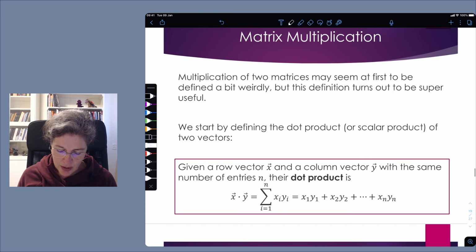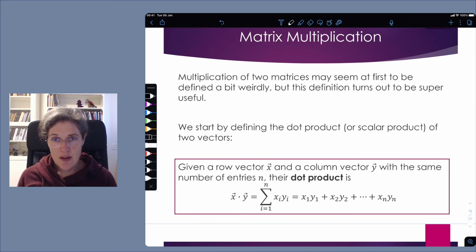So the first thing that we're going to do is define the dot product of two vectors, which you might well have seen in physics. The first thing to think about whenever you're thinking about multiplication of vectors or matrices is you need to be very aware of the dimensions. Not something you need to worry about with normal numbers, but with matrices and vectors, you need to think about the dimensions.